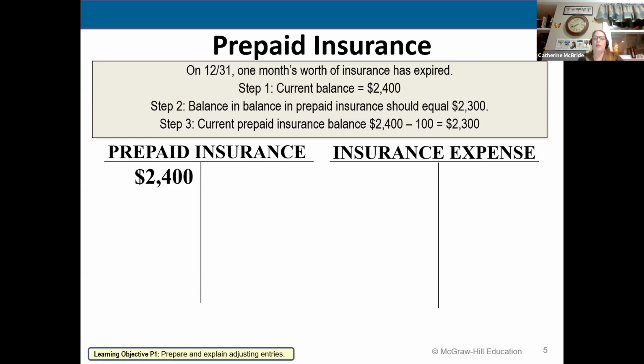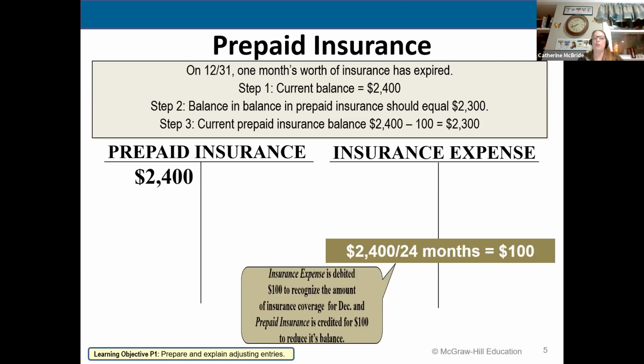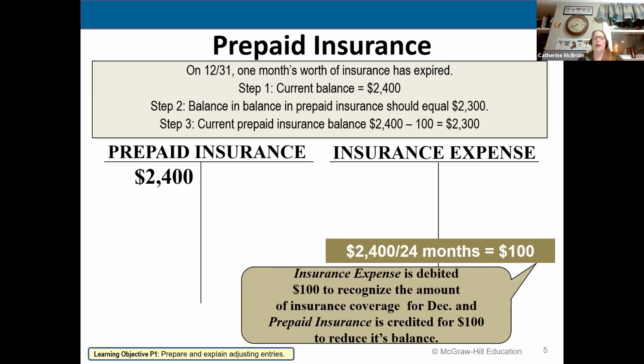So every month we're going to record insurance expense with a debit because we're increasing an expense, and we're going to credit prepaid insurance. So now, after this journal entry, the first month, we have insurance expense on our income statement, and we have a total of $2,300 of prepaid insurance on our balance sheet.